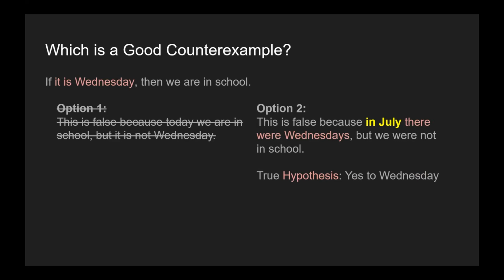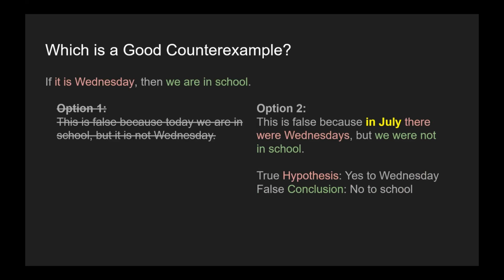The conclusion in the original statement was we are in school. In this counterexample, we said, but we were not in school. So the conclusion from the original statement is false in this counterexample. So that's a false conclusion, no school. Once again, for a counterexample, you've got a specific example, you've got a true hypothesis, and a false conclusion together.